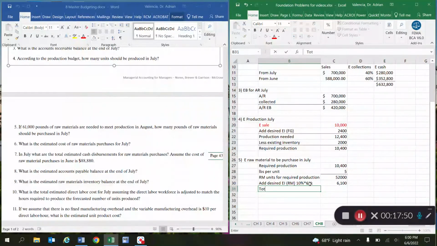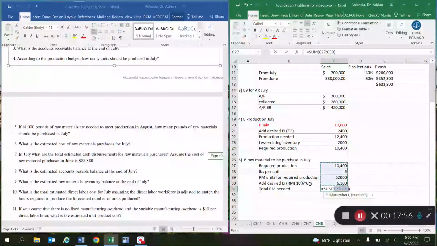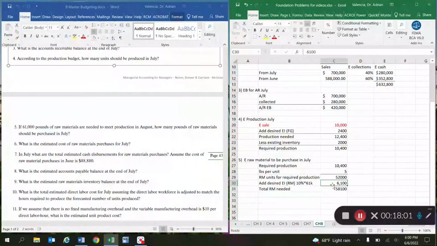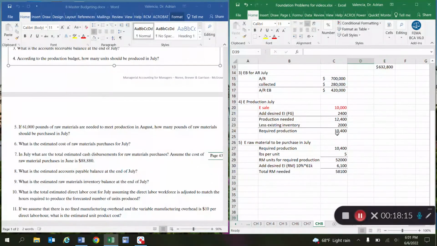So total raw material needed is going to be the summation of these two. So far, what this means is we need to go buy 58,100 pounds of raw material, to meet current production and to meet the desire to have some extra inventory at the end of the period, an inventory of raw material.